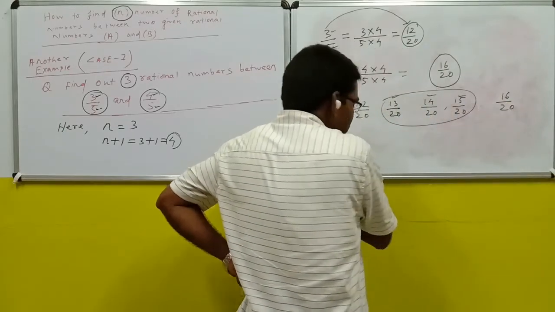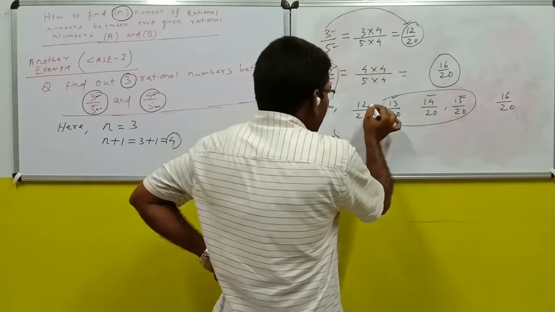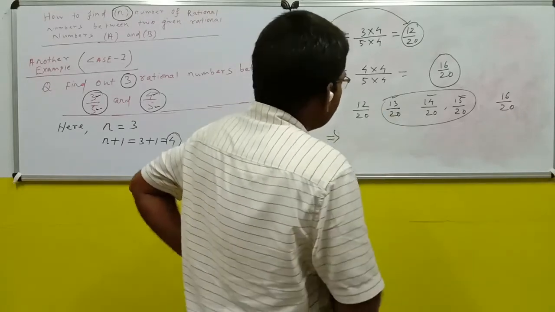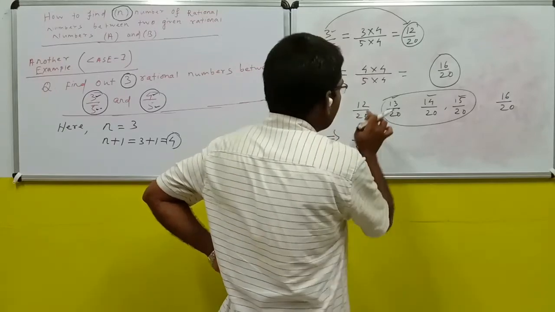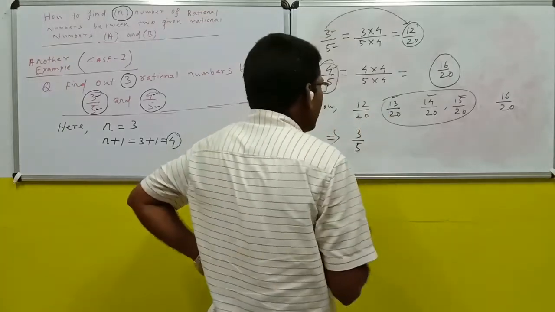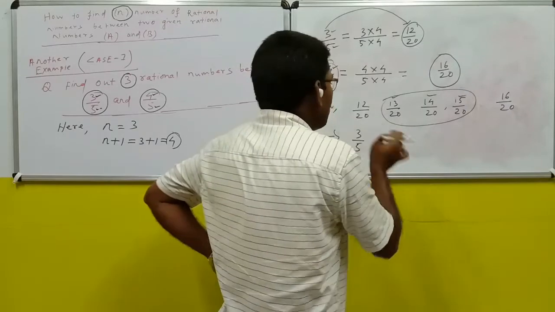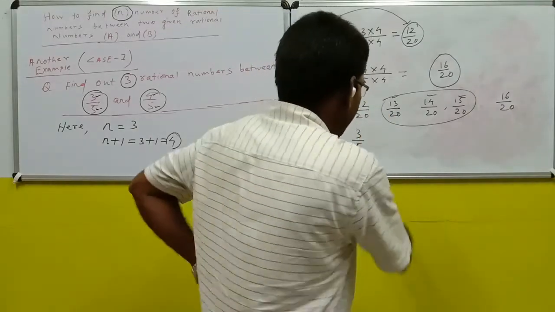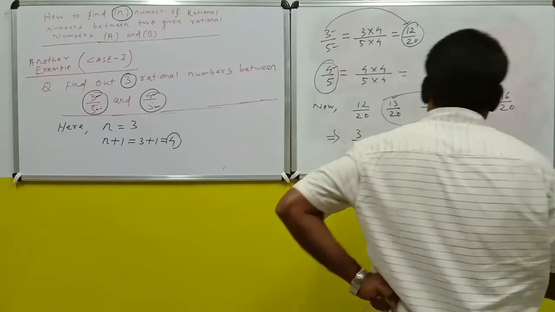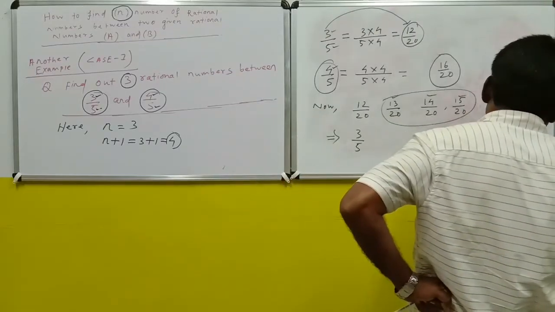That implies, in place of 12 by 20 now you write 3 by 5, because 12 by 20 is the equivalent rational number of 3 by 5. In place of 16 by 20, you can again write 4 by 5.